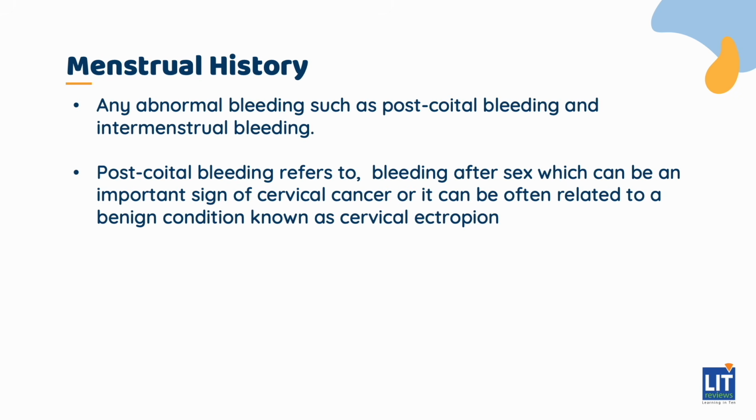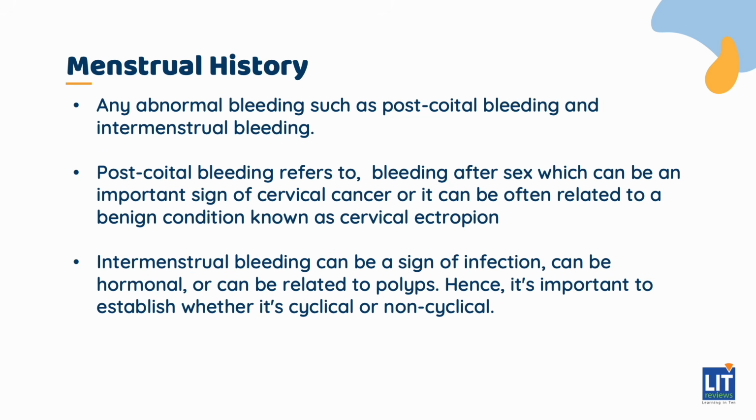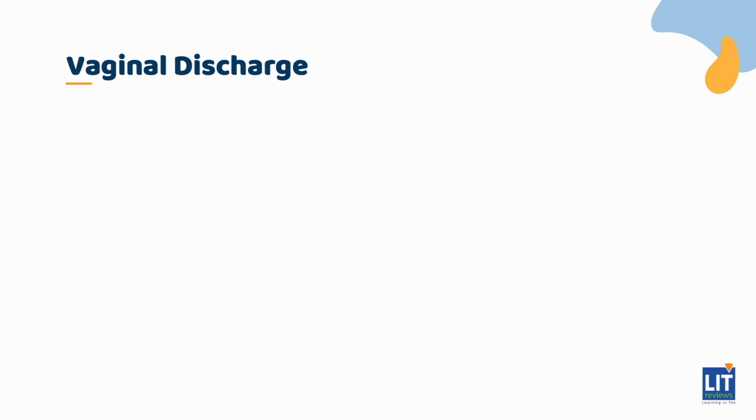Postcoital bleeding refers to bleeding after sex, which can be an important sign of cervical cancer, or it can often be related to a benign condition known as cervical ectropion. Intermenstrual bleeding can be a sign of infection, it can be hormonal, or could be related to polyps. Hence, it's important to establish whether it's cyclical or non-cyclical.